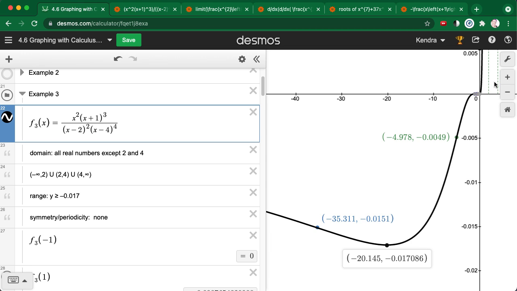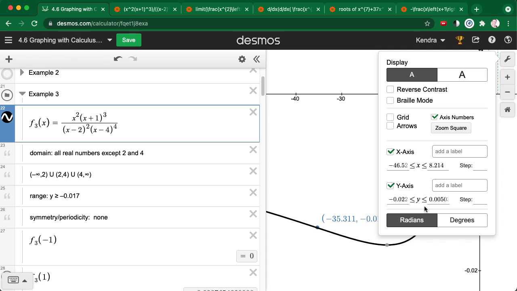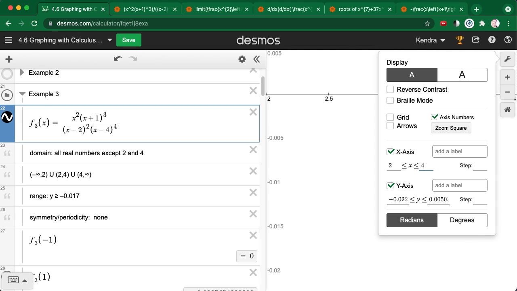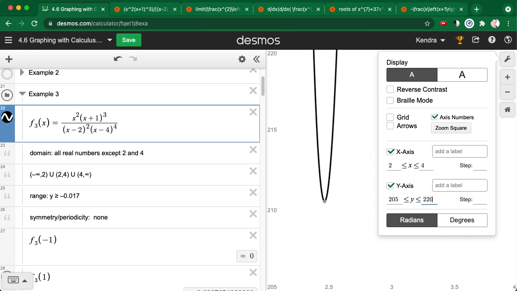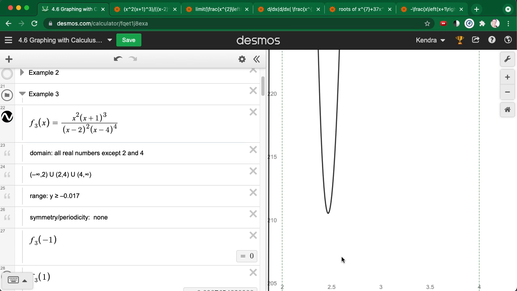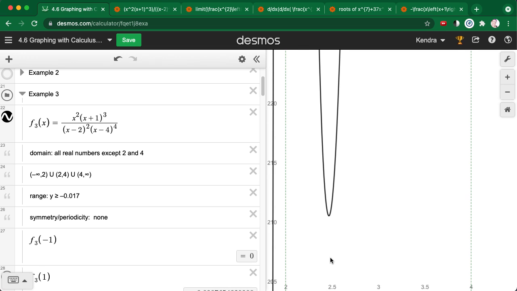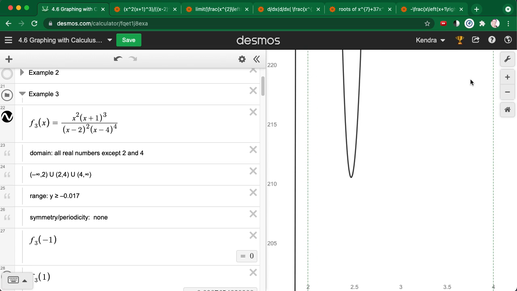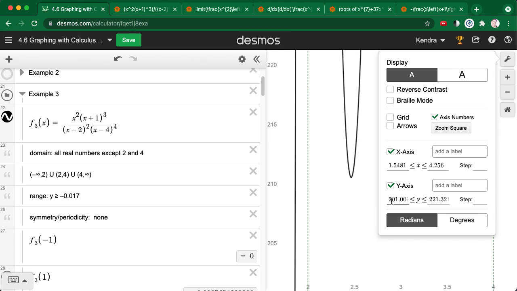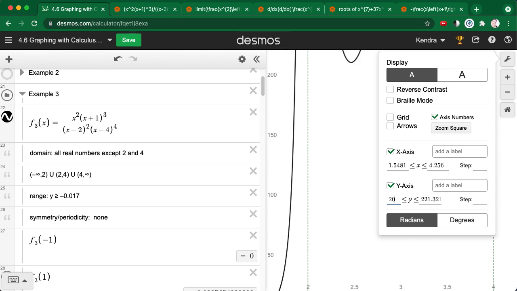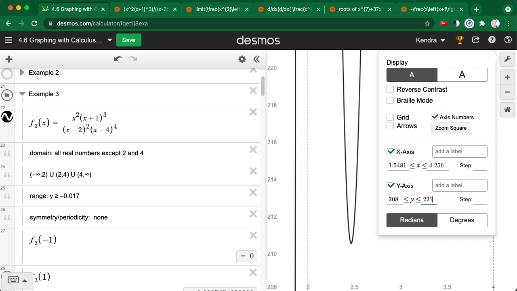And then the other window would be probably x going from 2 to 4, and y around the 210 mark, so 205 to 220. I'm going to zoom out so I can see those asymptotes. So there's a picture of that. And maybe I just want to go from 208 to 212.